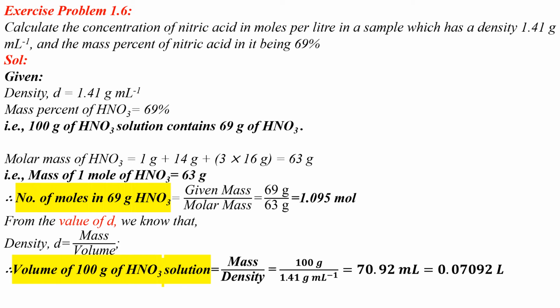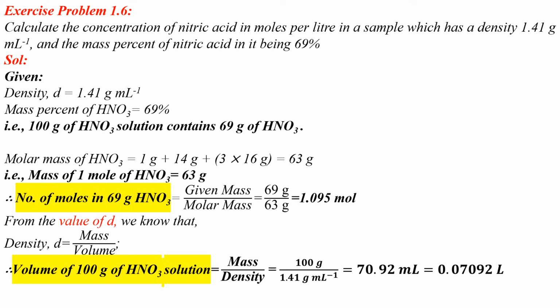the density of nitric acid solution given is 1.41 gram per milliliter in the question. Now look at its unit, it is gram per milliliter. The expression for density is equal to mass by volume, isn't it? So 1.41 gram per milliliter means there are 1.41 grams of nitric acid solution in each ml of the solution.